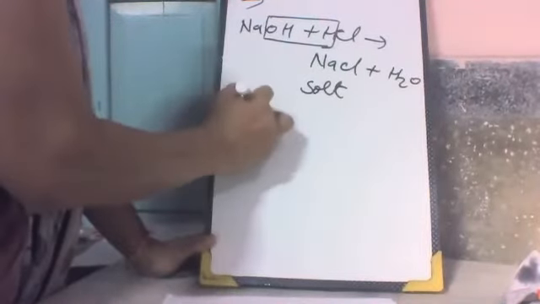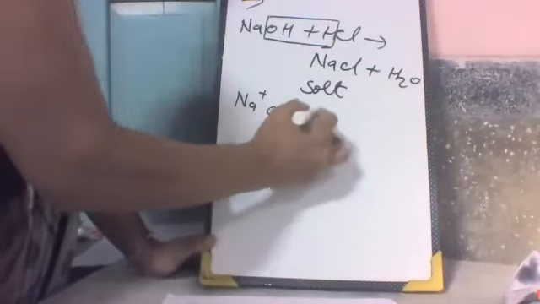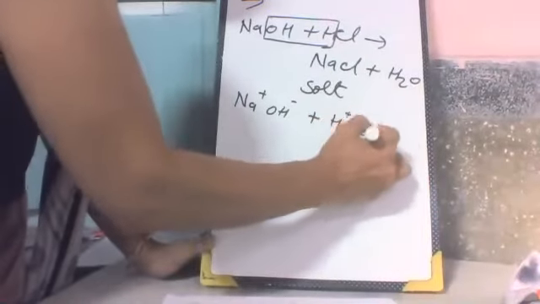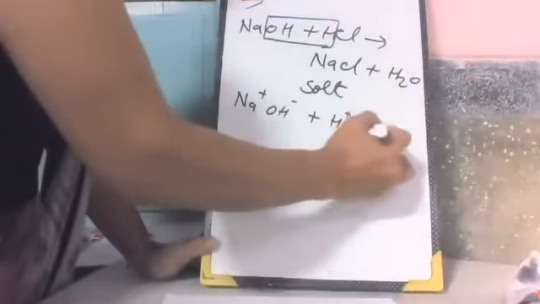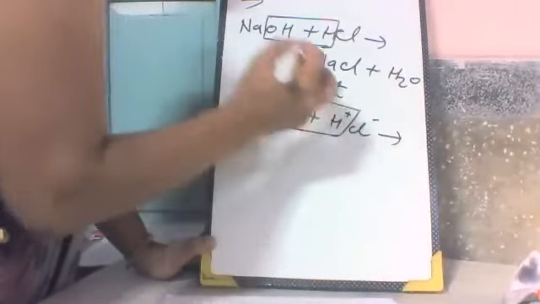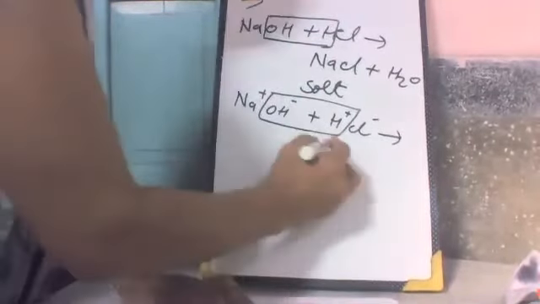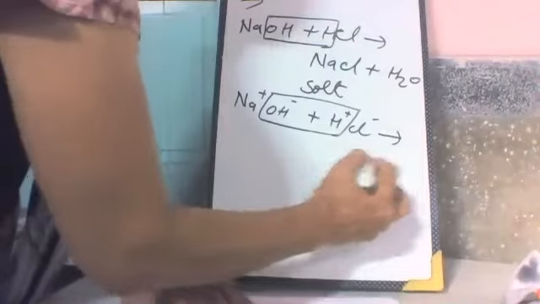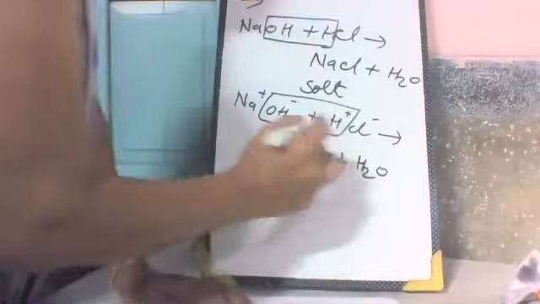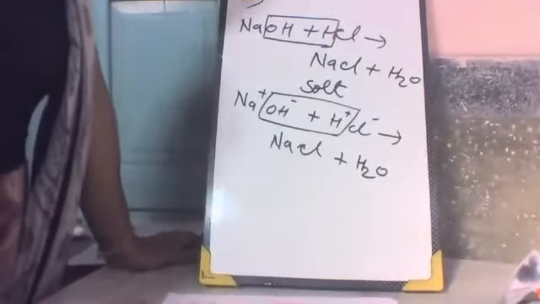Ionic reaction. Here sodium has a +1 ion, hydroxide has a -1 ion. Same here, hydrogen has a +1 ion and chlorine has a negative ion. Now this OH ion combines with the hydrogen positive ion and forms H2O, and Na reacts with chloride and forms NaCl.